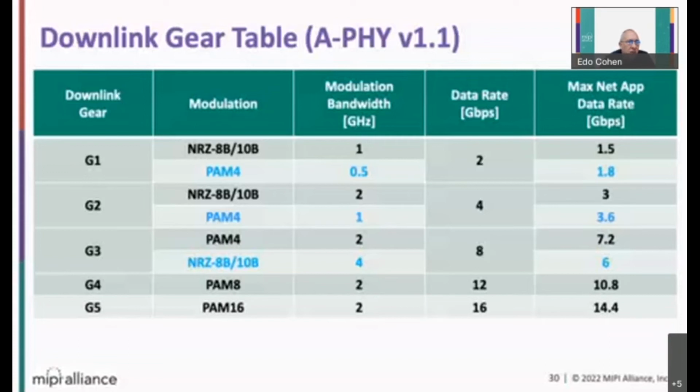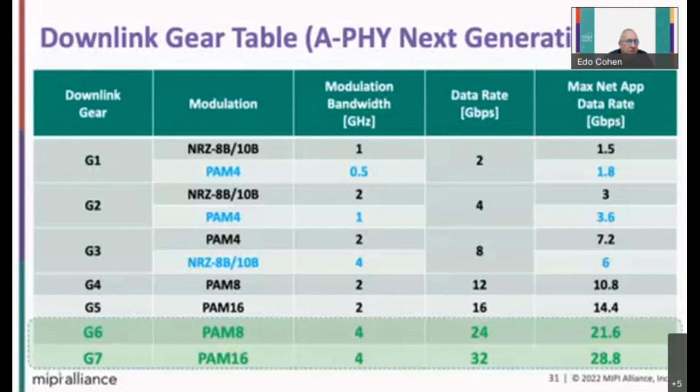And what we expect, and this is again an initial position that is still under discussion within the group, is adding two new downlink gears: one supporting 24 gigabit per second with a net data rate of 21.6 gigabit per second, and gear 7, which will be 32 gigabit per second per lane with 28.8 gigabit per second max net application data rate.